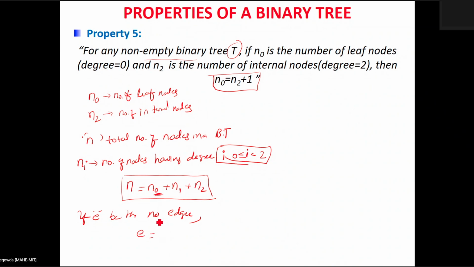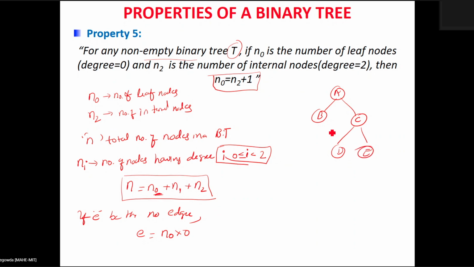Suppose the total number of edges in a given binary tree can be calculated like this. We are going to multiply the number of nodes with 0 children with 0. Say for example, you are given a binary tree, say A, you have a B, you have a C, and so on, and you have D and E like this.